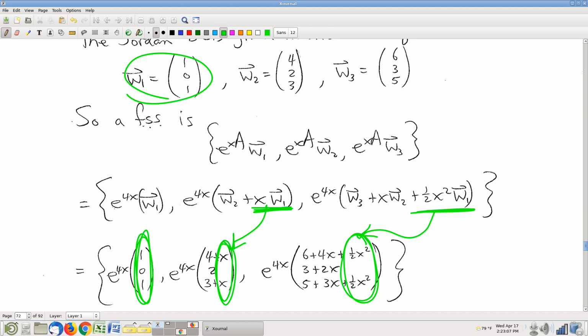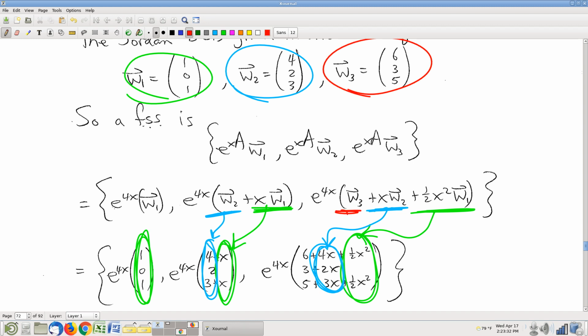Likewise, for the second Jordan basis vector, 4, 2, 3, you can see it right there. You can see it being multiplied by x there. And likewise, you can see the third Jordan basis vector there. And so there's your fundamental set of solutions.